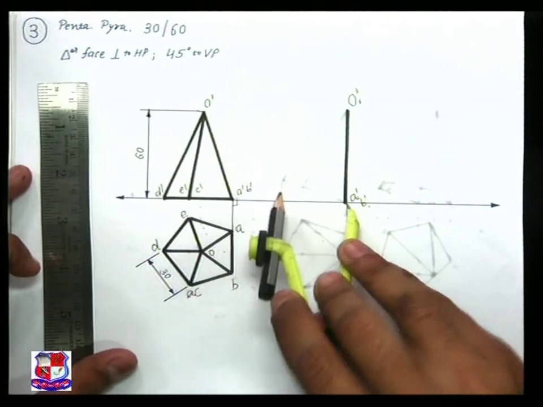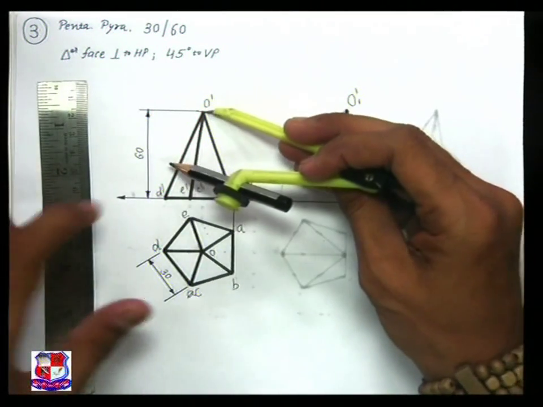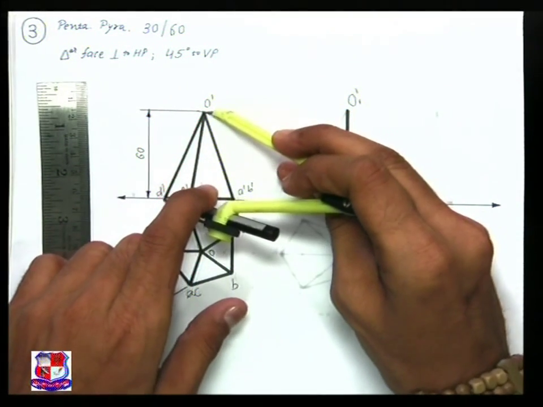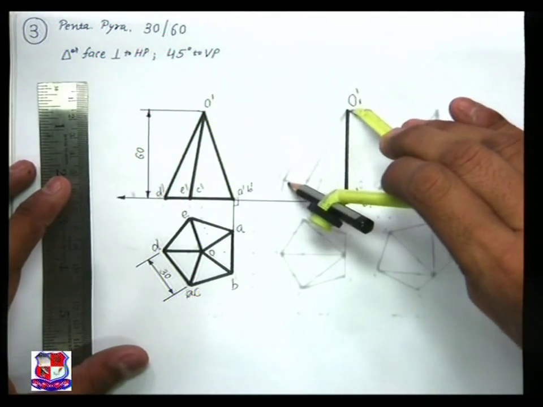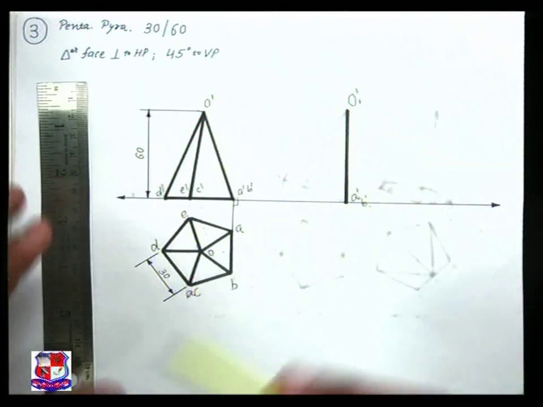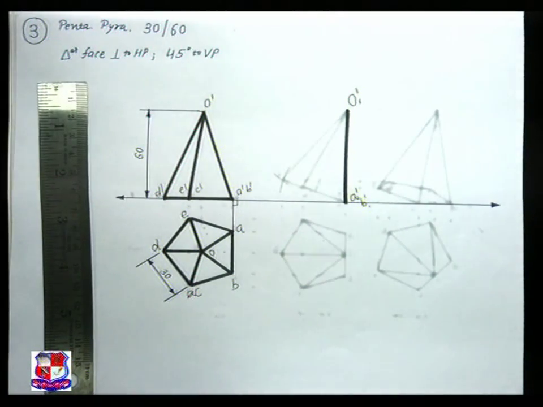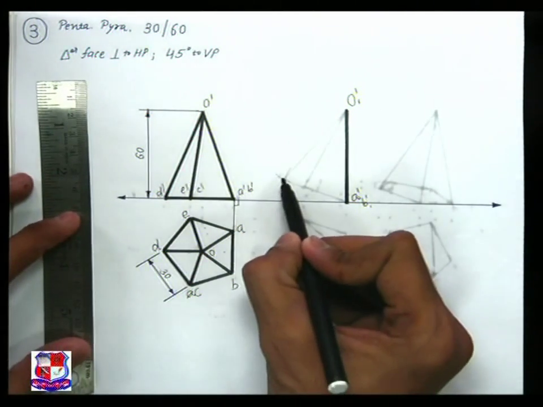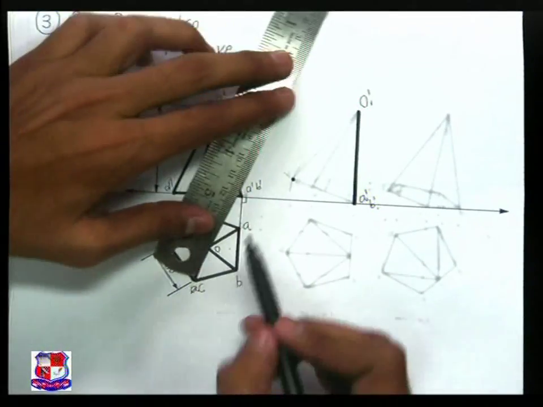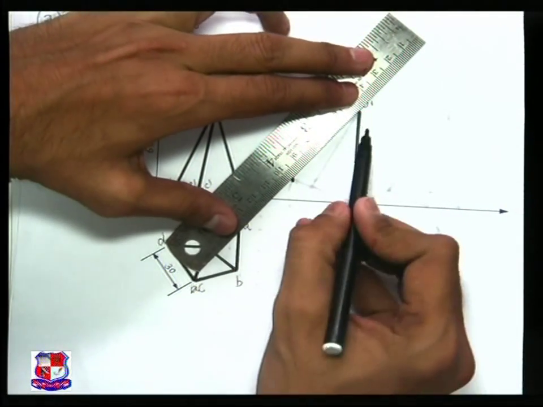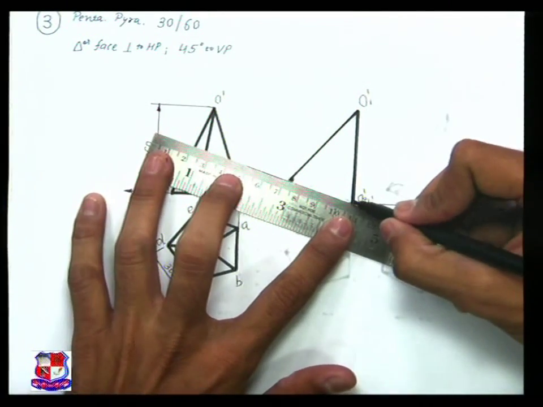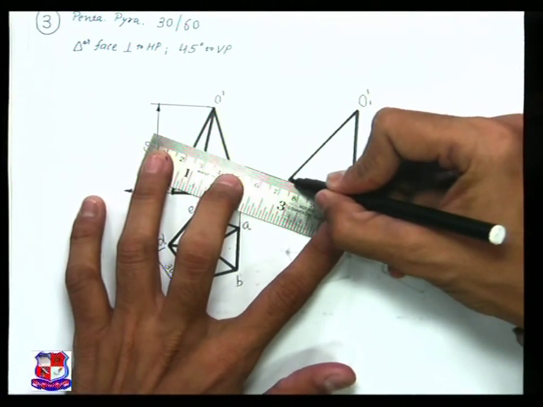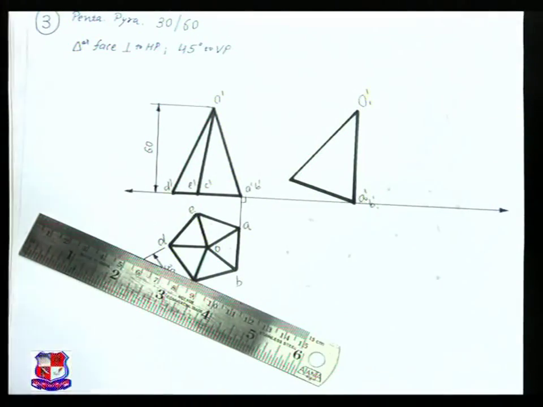You can draw an arc like this. Similarly measure the distance O dash to D dash and with O dash as the center, draw an arc. The intersection of these two arcs would be one point, and that point would be here. So join this point with O dash, and A dash, A1 dash and B1 dash as well.